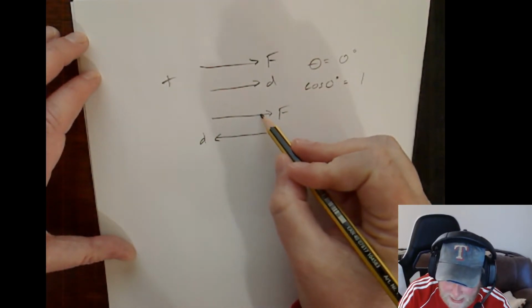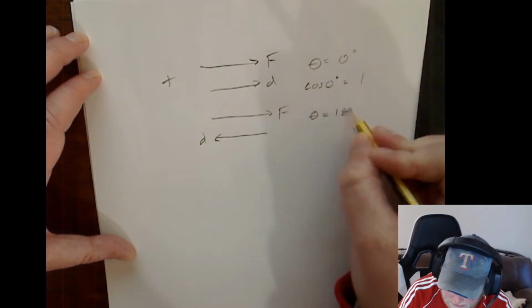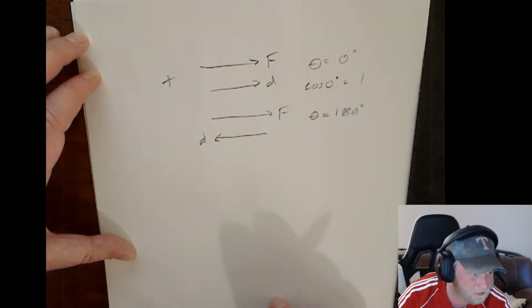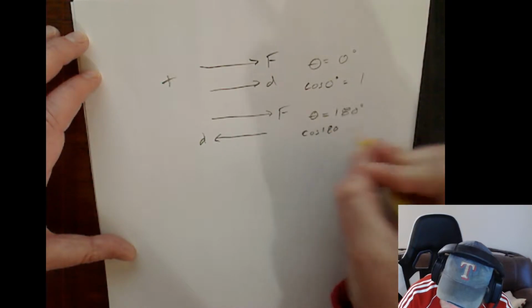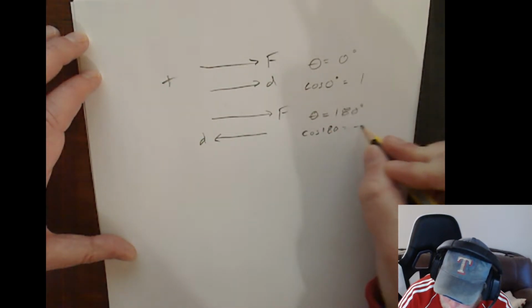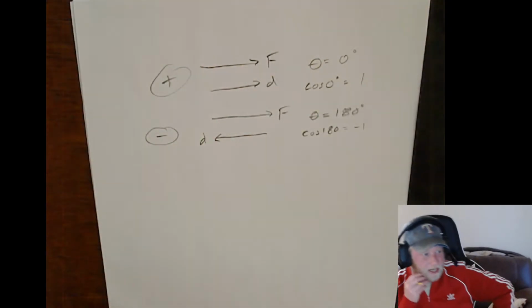Well, in this case, the angle of difference between these two vectors is 180 degrees. They're pointed opposite directions. Now, if we look at the cosine of 180, the cosine of 180 is negative 1. So in this case, you've got negative work being done.